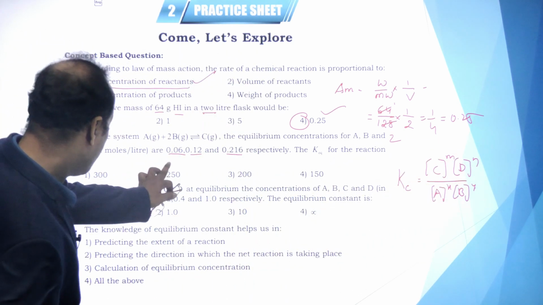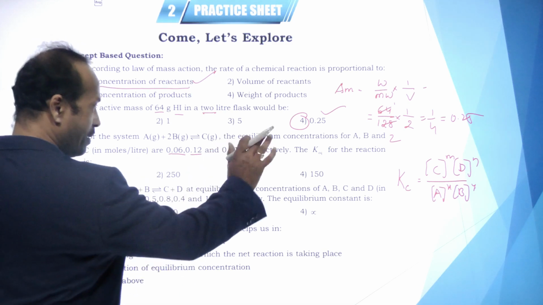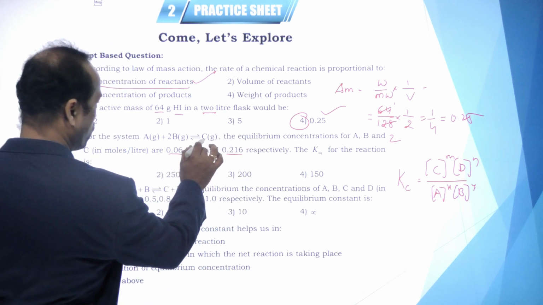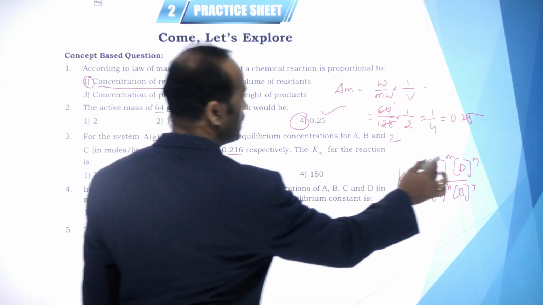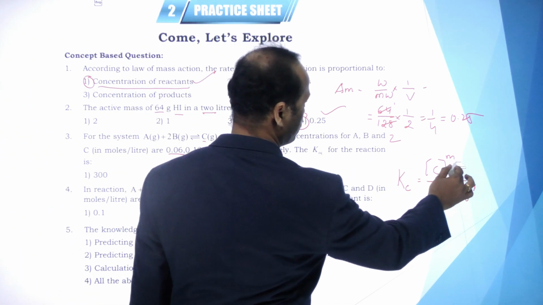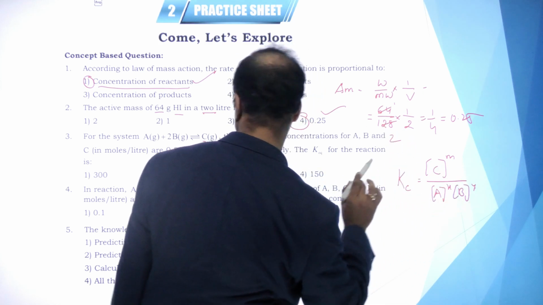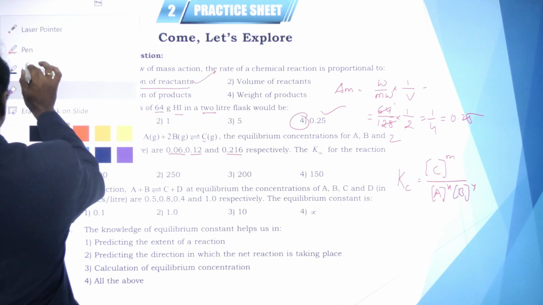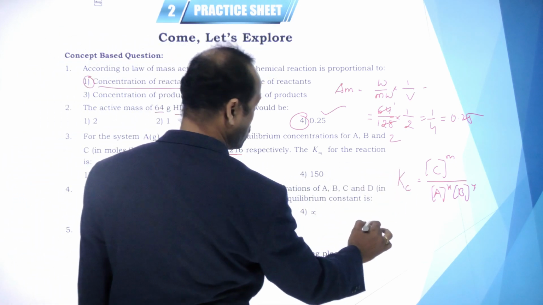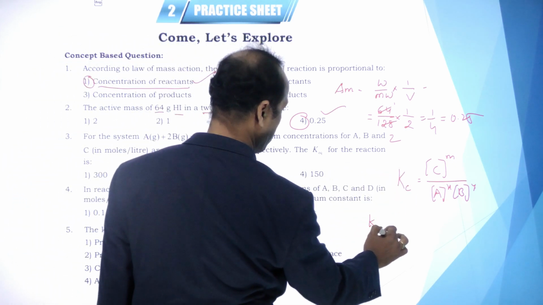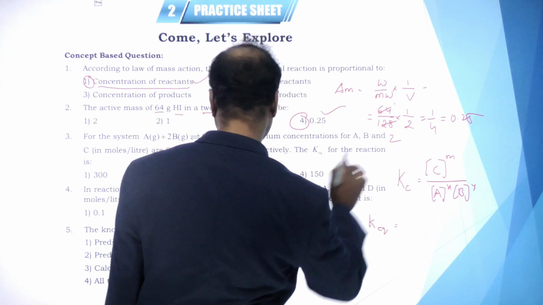Whereas in this third one, you do the same, but here you see only one product is there. So we erase this one, we don't want it, because there is only one product. Now substitute the values here. K equilibrium is equal to, C means what?